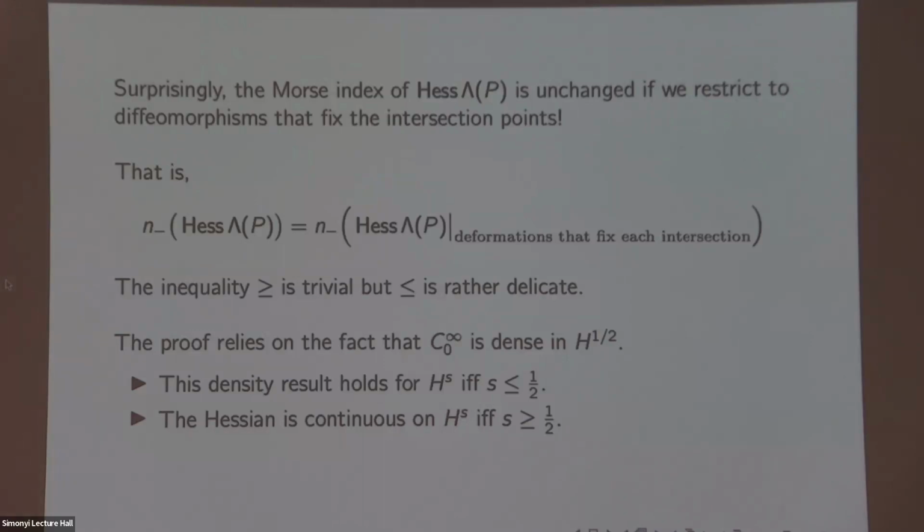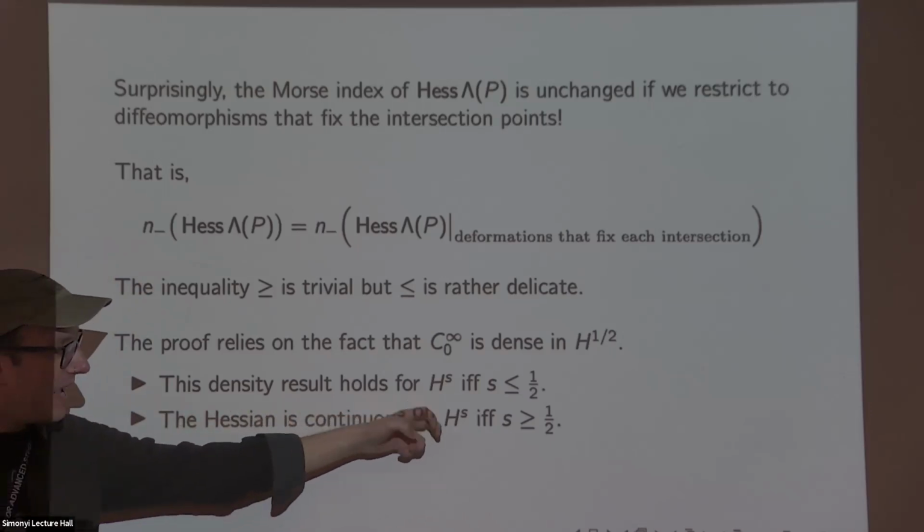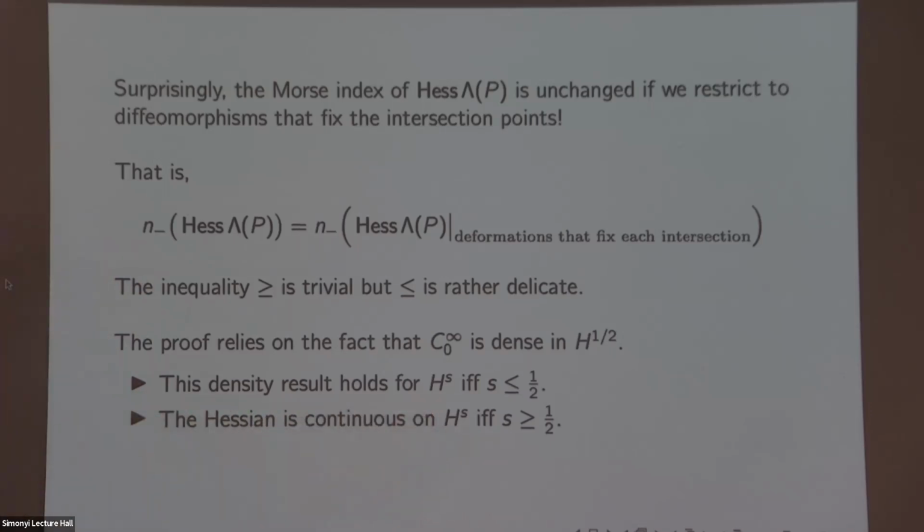On the other hand, what am I actually approximating here? I'm approximating things in the domain of the Hessian. So for this approximation to be useful, I need to know that the Hessian is actually continuous with respect to whatever norm I'm approximating in. And it turns out when you calculate the Hessian, we have explicit formulas for it, which I won't write down. The Hessian is continuous in any H^s norm with s greater than or equal to 1/2.